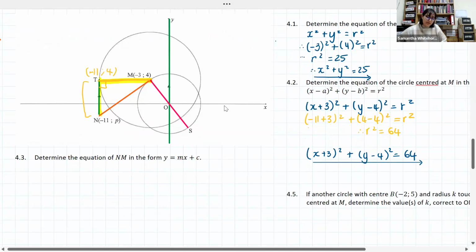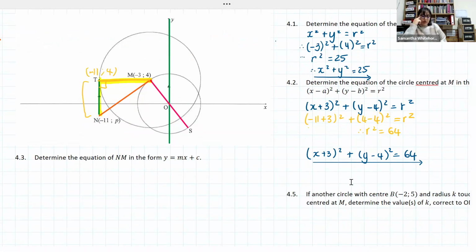Right, 4.3 says determine the equation of NM in the form y equals mx plus c. Okie dokes. NM is that orange line that we have there. We can't quite work out the gradient yet of that line, because we don't obviously know what P is, but we know that NM is a tangent to the smaller circle.